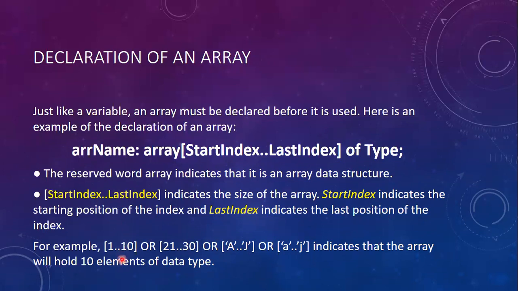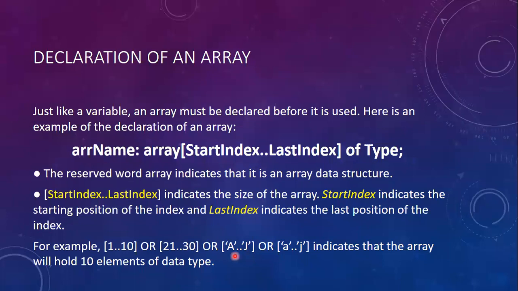So let's take a look at these. Array 1 to 10. Okay, so that would be 1 to 10. So 10 numbers, or 21 to 30. Or I can use letters, capital letters. Now pay attention here. This is where Delphi is case sensitive.